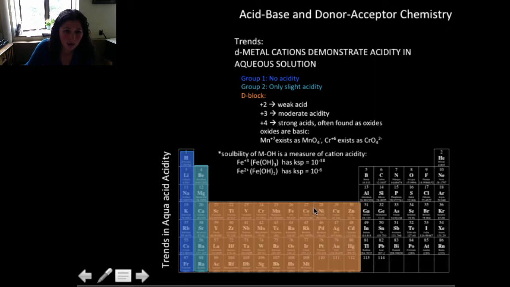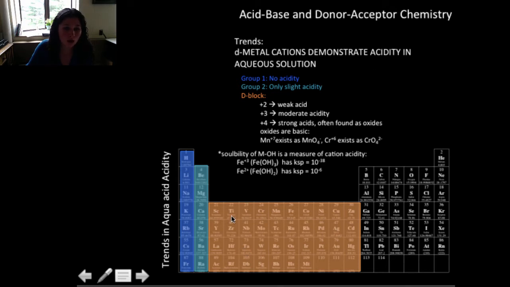The d block metals are where you see most of your acid behavior, and the strength of the acid depends on the charge and the size of the metal. So in general, +2 metals are weak acids, +3 metals are moderate, and +4 are strong. And in general, the size of the metal ion will also affect the acid strength.